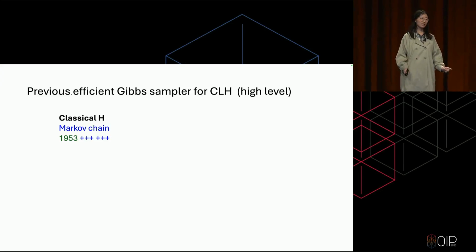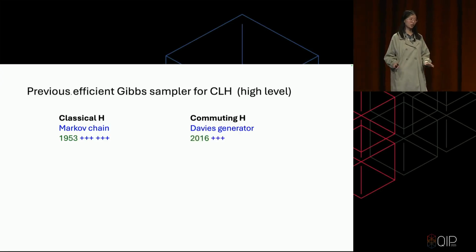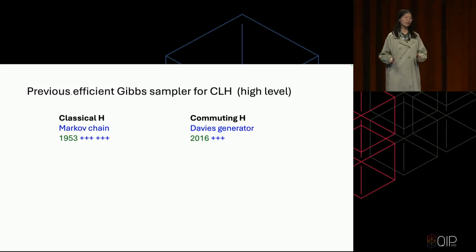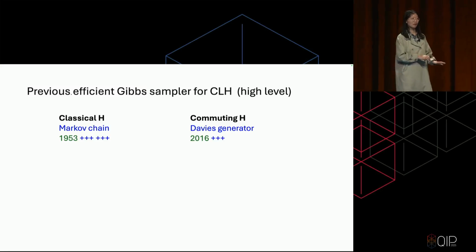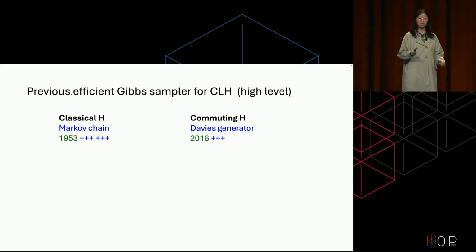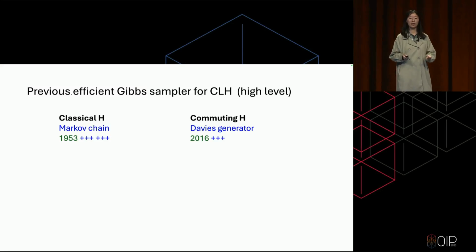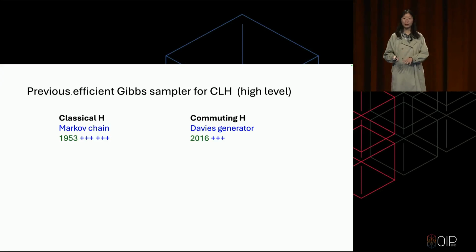For the commuting case, I would say this problem is relatively new. Most of the previous results are based on something related to the Davies generator. I won't explain the Davies generator too much, but it's a kind of quantum analog of a Markov chain. After ten years of study or even more, people have also gotten results on fast mixing for commuting Hamiltonians, but the number of results is much smaller than in the classical case.